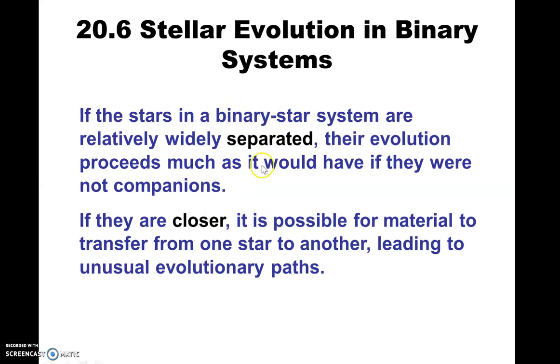These binary systems, right? Two stars orbiting each other. So the closeness of the two stars really will affect the evolutionary path of the two stars. In fact, both stars, not just the one that has left the main sequence.